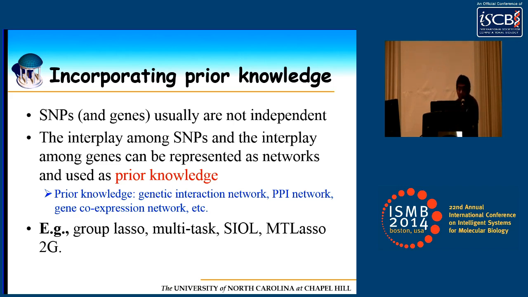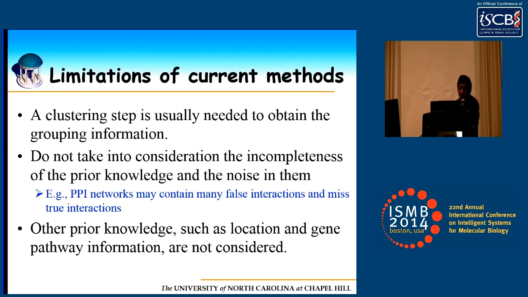However, there are some common limitations for the current methods. The first limitation is that typically a clustering step is required to obtain the group information before integrating it into the eQTL mapping. The second limitation is that they typically do not take into consideration the incompleteness and the noise that exist in the prior knowledge.